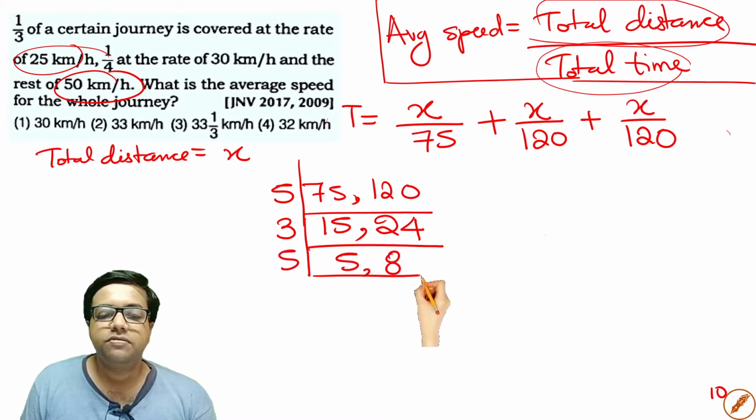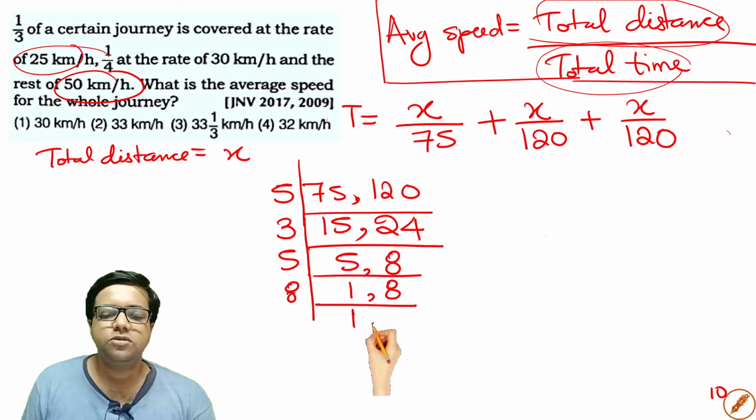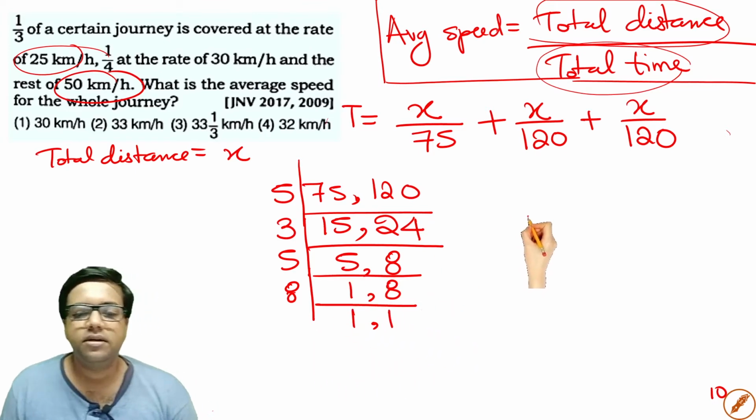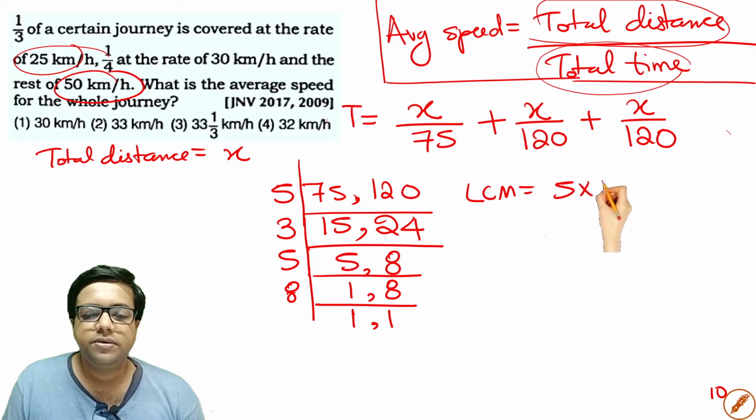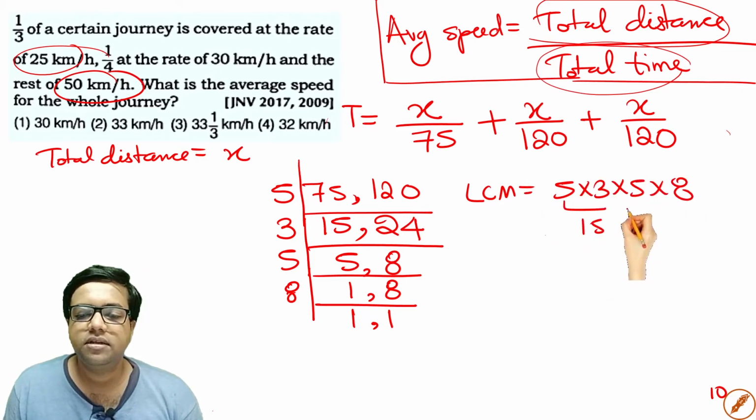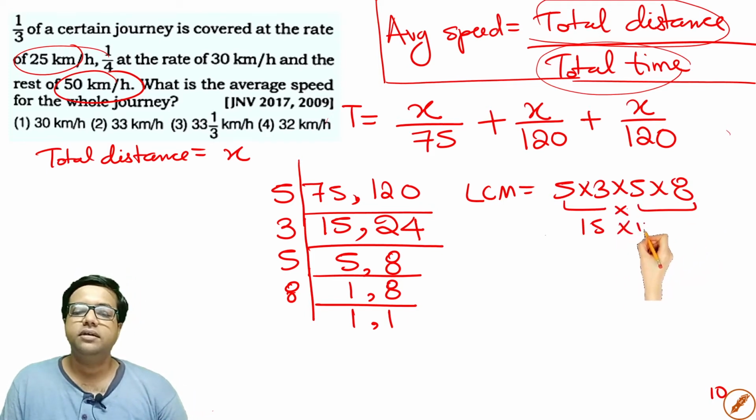And 5 will go by 5 itself. 5 1s are 5. 8 as it is. And 8 will go by 8 itself. So if you multiply, LCM is equal to 5 into 3 into 5 into 8.